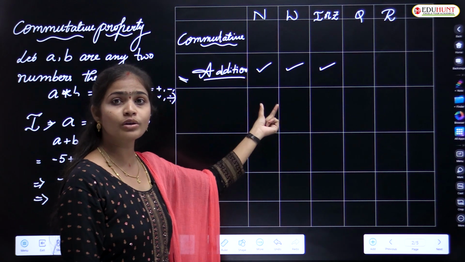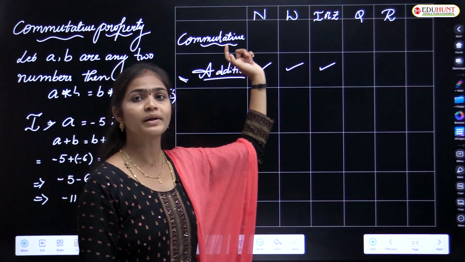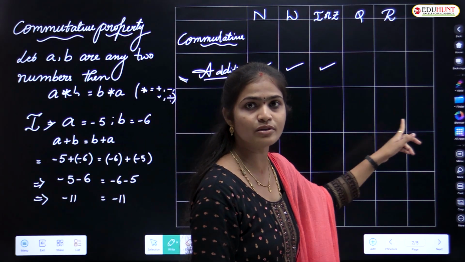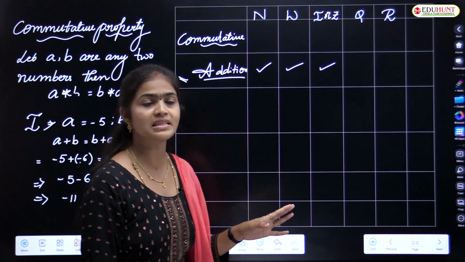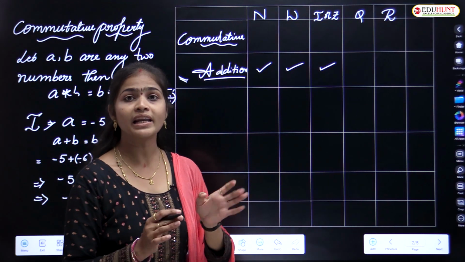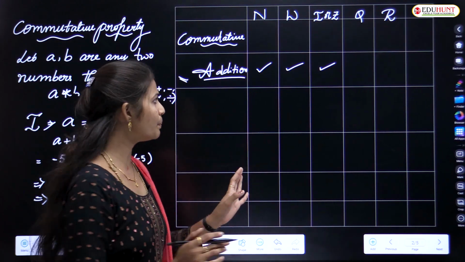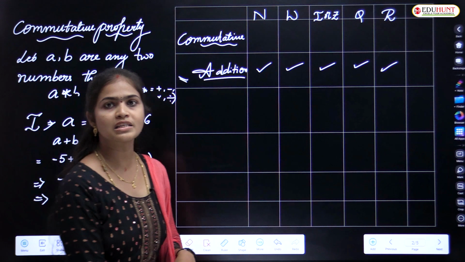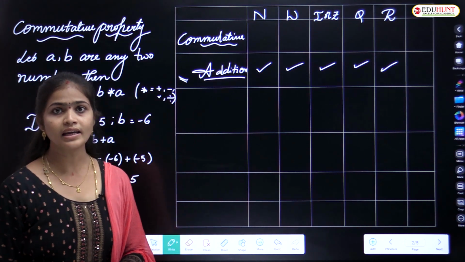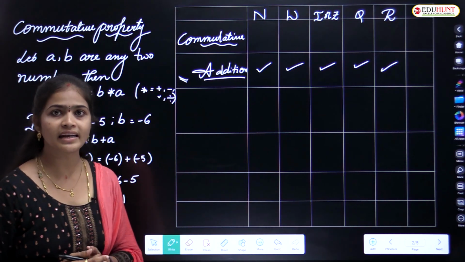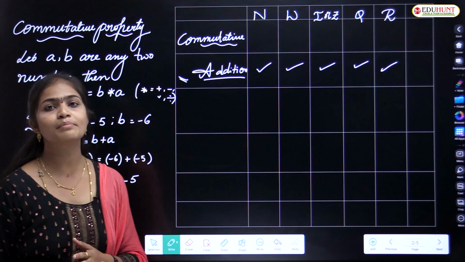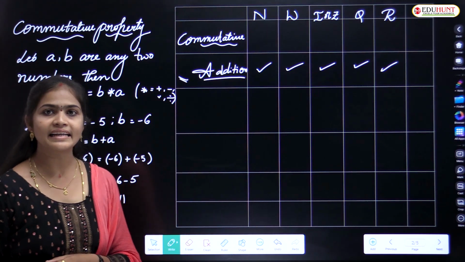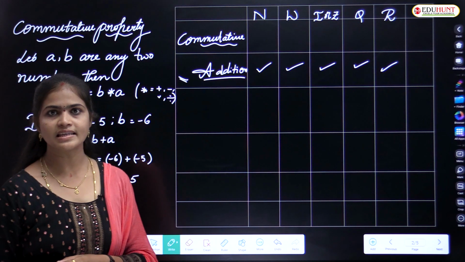In these two cases it will be satisfied, means automatically in the remaining three types of numbers also it will be satisfied for any type of property. Simply here you can say that rational numbers will be satisfied and real numbers also will be satisfied. So rational numbers are also commutative under addition, as well as real numbers are commutative under addition. Like that we can say here.